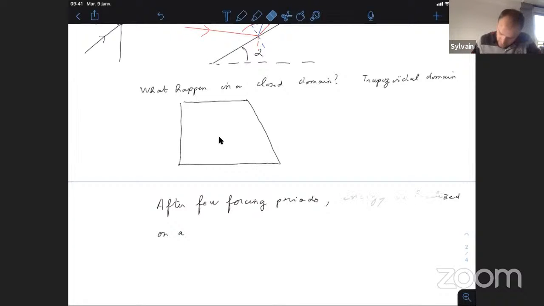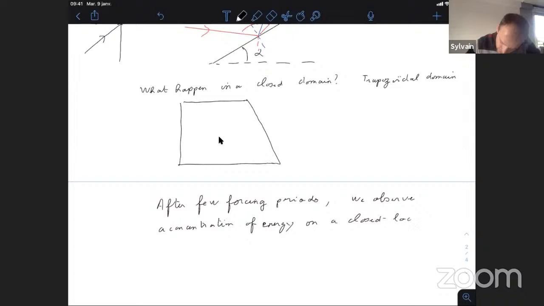We have more there. We observe a concentration of energy on a closed loop. This is the pattern I've shown you. And this closed loop is called an internal wave attractor.